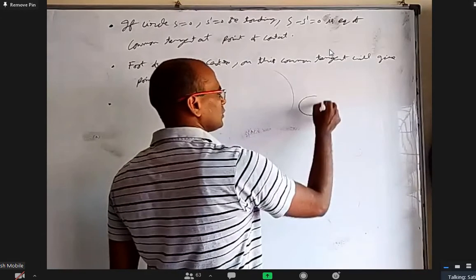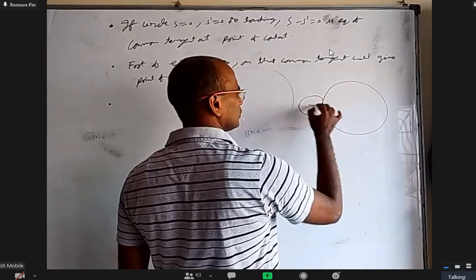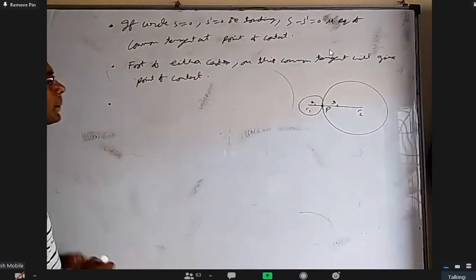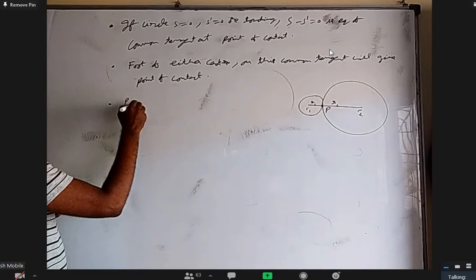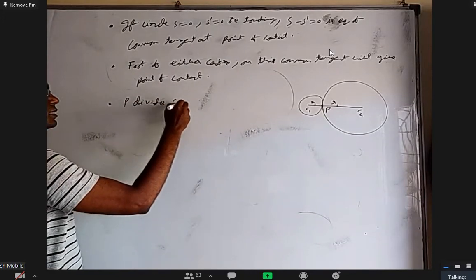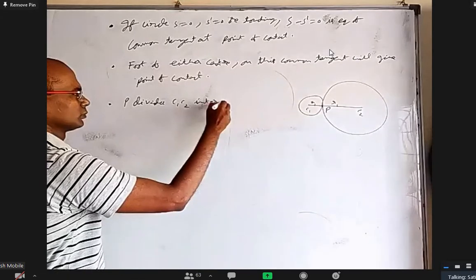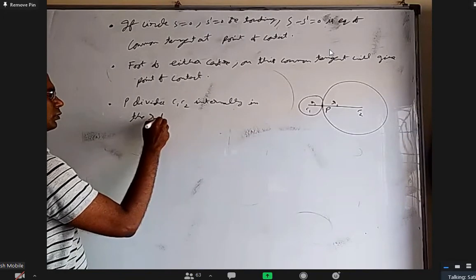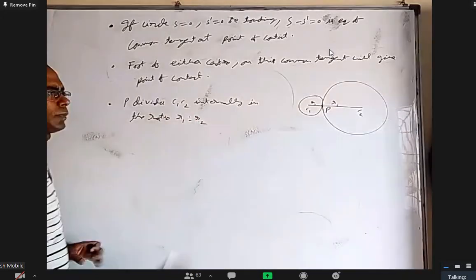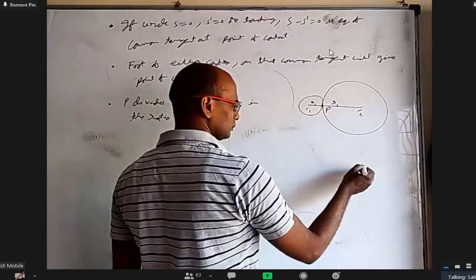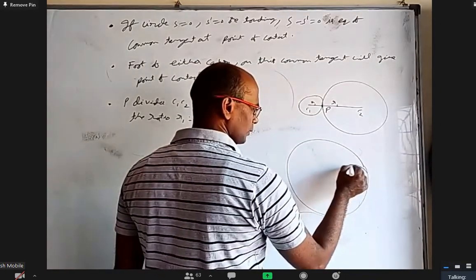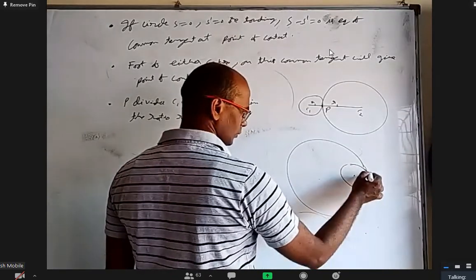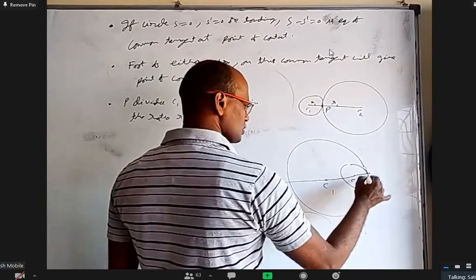Apart from that, with centers C1, C2, radii R1, R2, and this is P: P divides C1C2 internally in the ratio R1 is to R2. So by the section formula also you can find it.